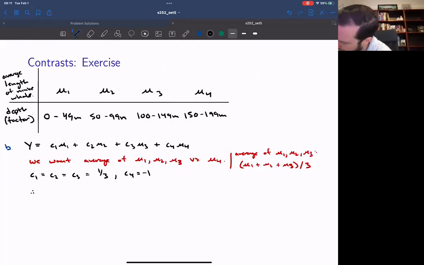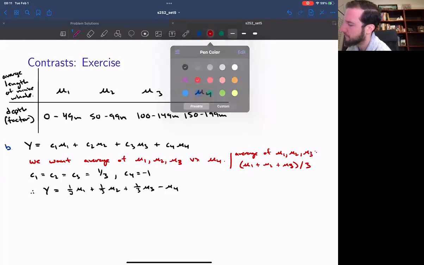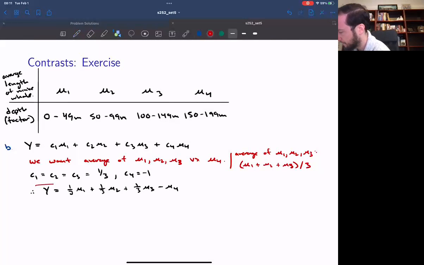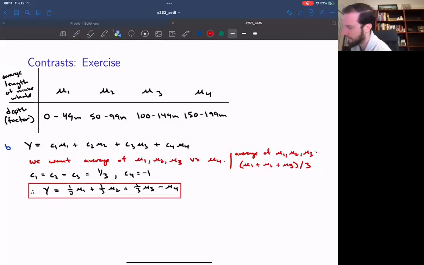Okay, so therefore we have gamma is equal to 1/3 mu1 plus 1/3 mu2 plus 1/3 mu3 minus mu4. All right. Any questions?